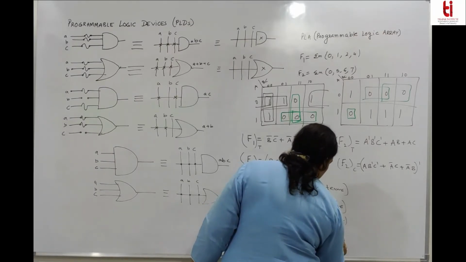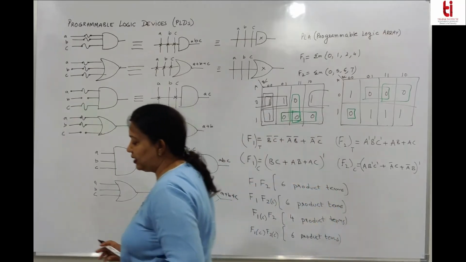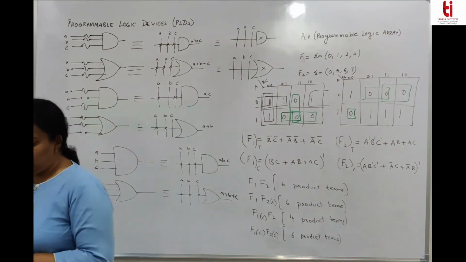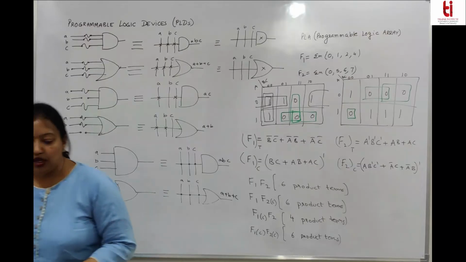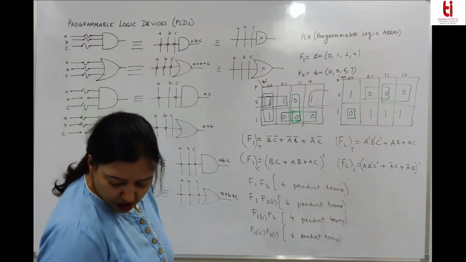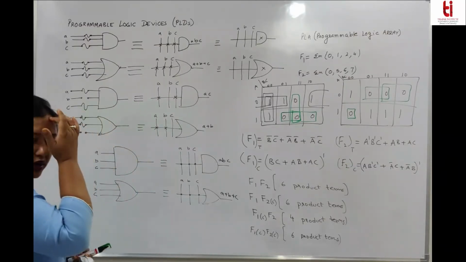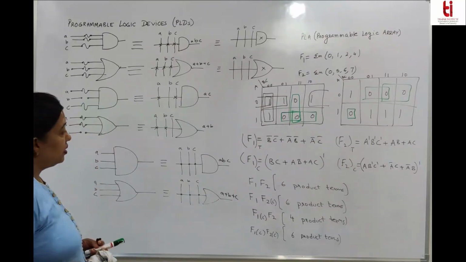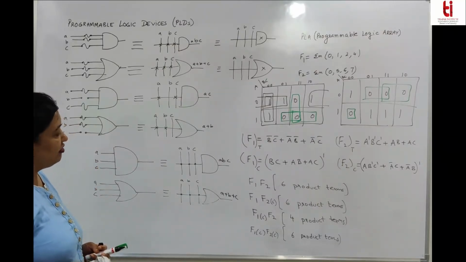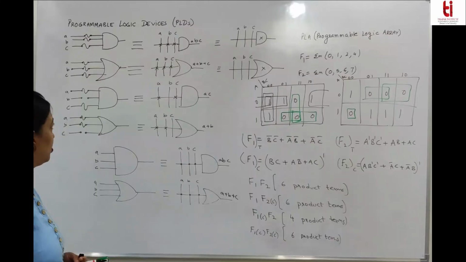So you have to do this job of comparing them. So when you have 4 product terms, that means you will implement F1 in complement form and F2 in true form.